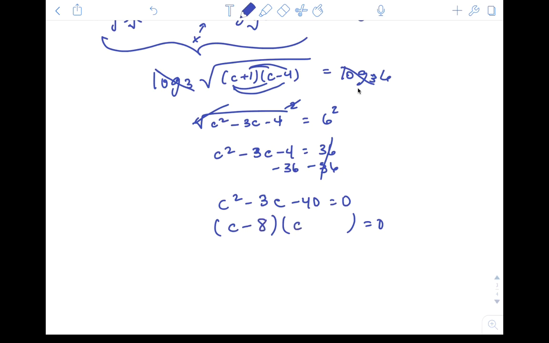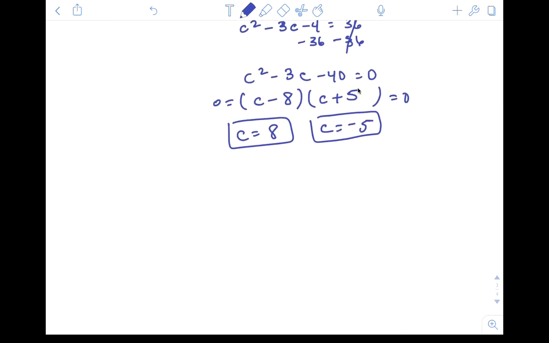A negative 8 and a positive 5 would FOIL back out to get that negative 3 in the middle and that negative 40 on the end. So then when I set these each equal to 0, I'm going to add 8 and subtract 5. So I've got c equals 8 and c equals negative 5.